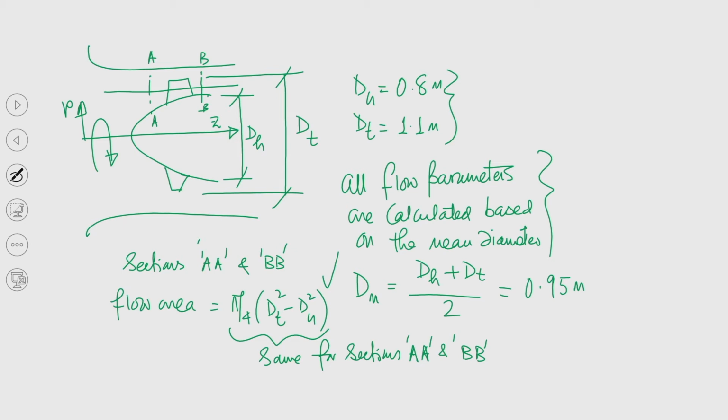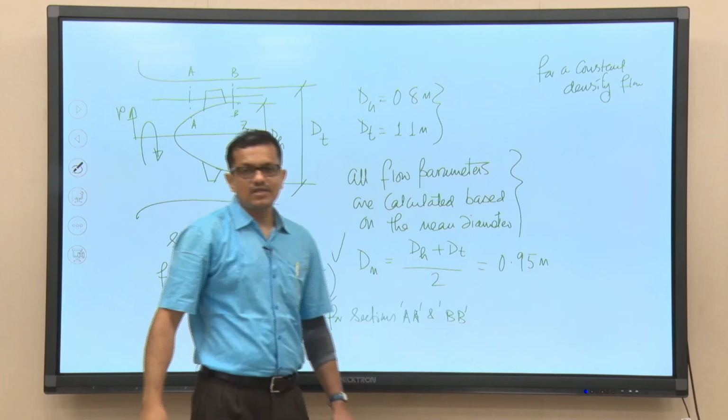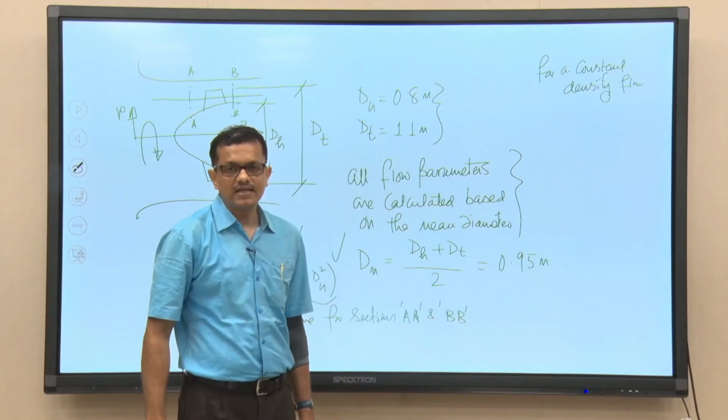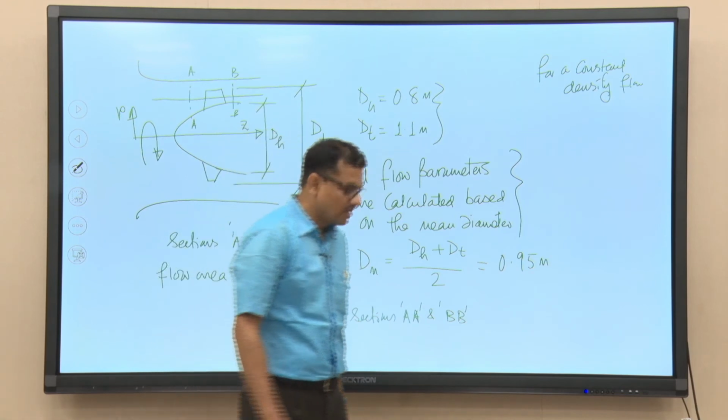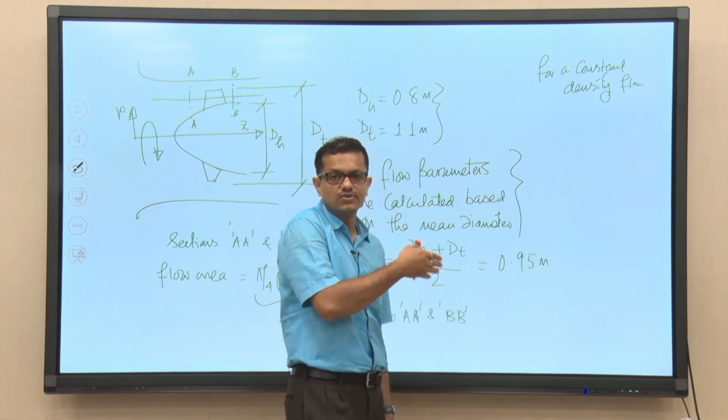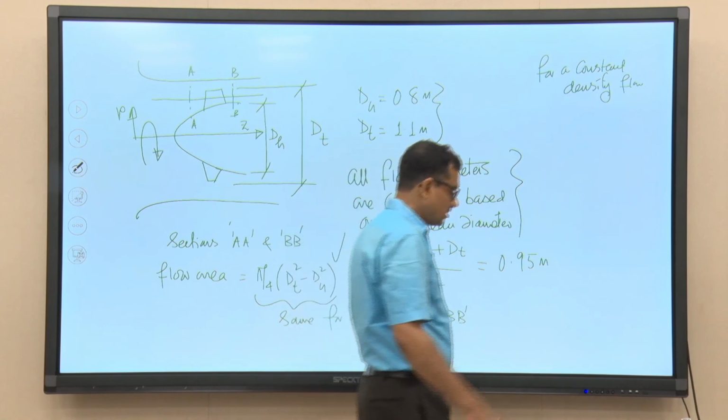That you have learned from fluid mechanics. For the flow, for the constant density flow, what we can write. So, for constant density flow, if we apply the mass conservation equation that we have learned from fluid mechanics, I am not getting into that, but still which is required to solve this particular problem.